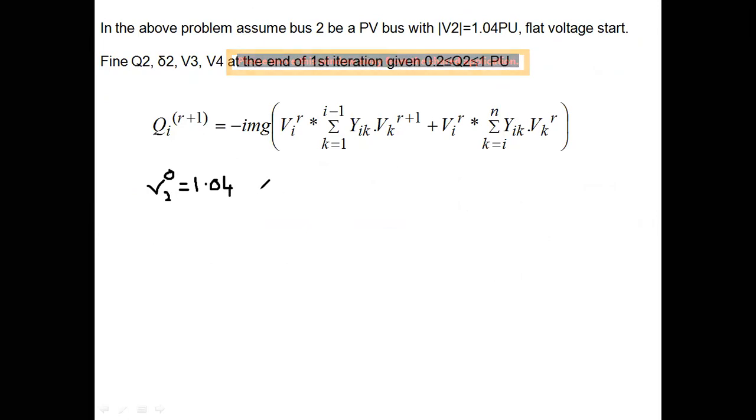Here in the problem itself, he has mentioned that V2^0, the initial value of the voltage at the second bus, is 1.04. Later Q has been changed, so obviously later we will determine the second bus voltage at the end of the first Gauss iteration. That is another case. Delta 2^0, the initial value, is also equal to 0. So these are the assumptions.